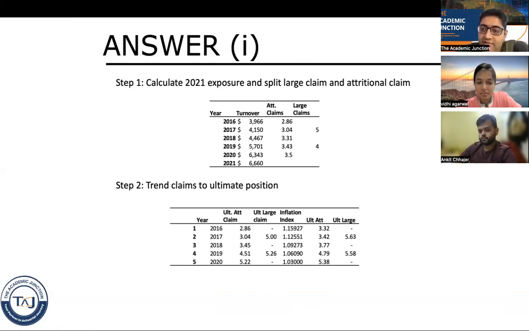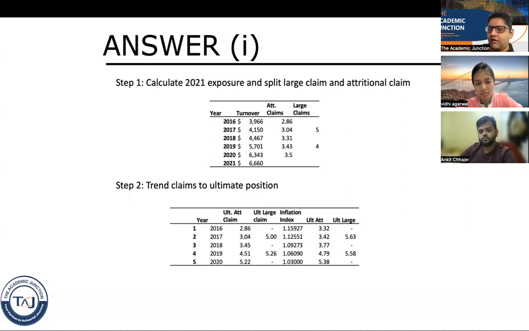Now the bigger thing that you have to do is model them separately. The biggest assumption here is that the inflation rate provided is the same for large claims and attritional claims. Generally speaking, do large claims follow the same inflation rate as attritional claims? Not necessarily. Large claims generally have their own inflation rates and a separate inflation index that they follow, for various reasons.